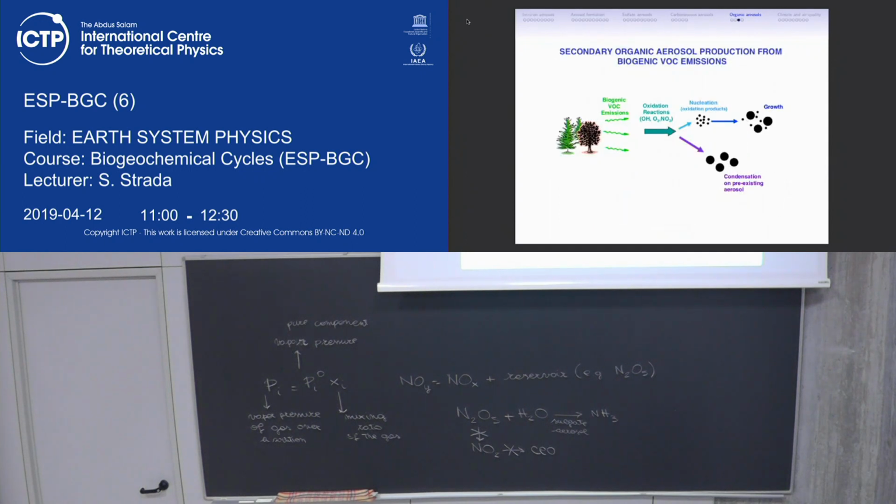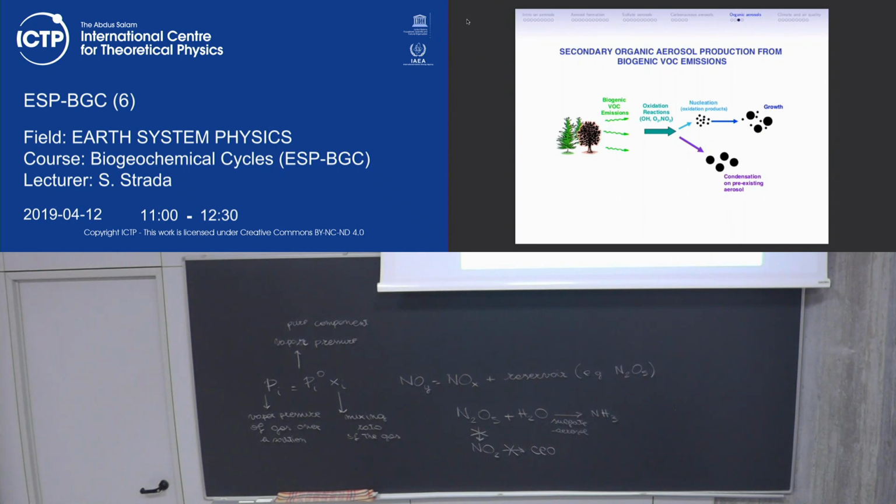And among the organic aerosol, we have the so-called secondary organic aerosols, because in fact we have two kinds of organic aerosol, the secondary and the primary aerosol. So the secondary aerosol results from the oxidation of volatile organic compounds emitted by plants. So we call these biogenic volatile organic compounds. These gases are then oxidized through reaction with, for example, hydroxyl radical, ozone, and they can lead to some oxidation products due to nucleation, so the gas molecules that then gather together, and so they can grow in size.